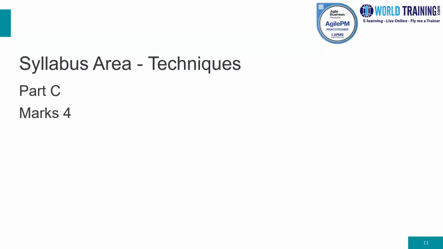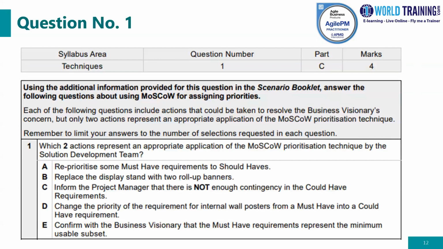So let's move on to part C of question number 1, and this carries 4 marks. This is where, if you could recollect, the question is prompting you to read the additional information. So in the actual exam, at this particular point, you need to go back and read the additional information pertaining to question number 1.